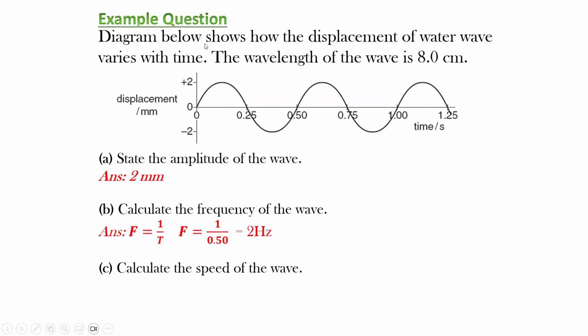And if we need the speed of this wave, speed is frequency multiplied by the wavelength. The frequency of the wave we worked out is 2, and the wavelength is given in centimeters. If you don't convert the unit, you will get the answer in centimeters per second. If you convert the unit into meters, then the answer will be in meters per second.